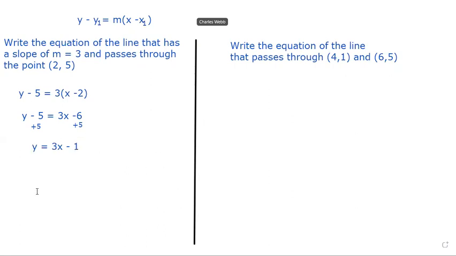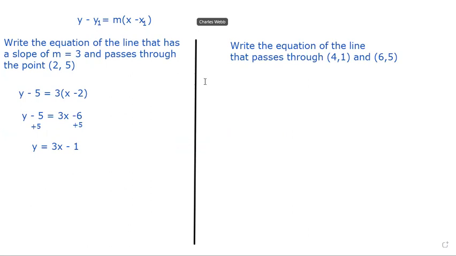That's our line. Now, on the other side, we want to write the equation of the line that passes through 4, 1, and 6, 5. The first thing I should point out is that we are not directly given our slope.